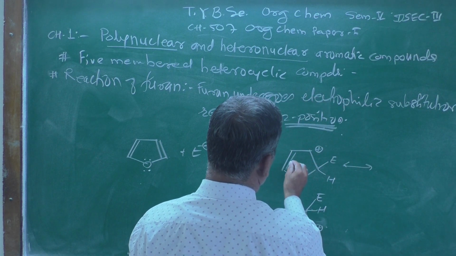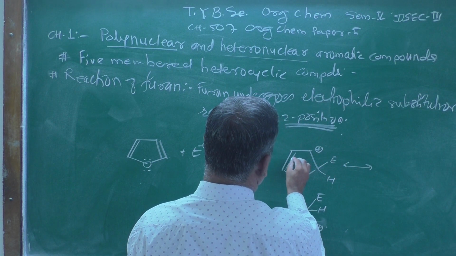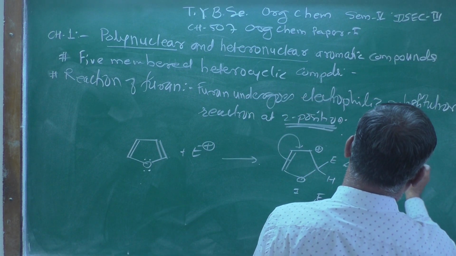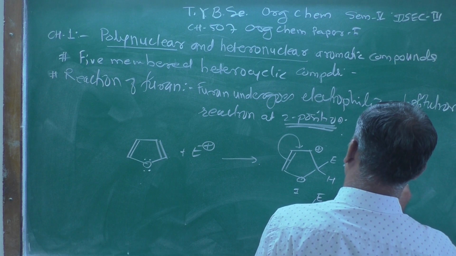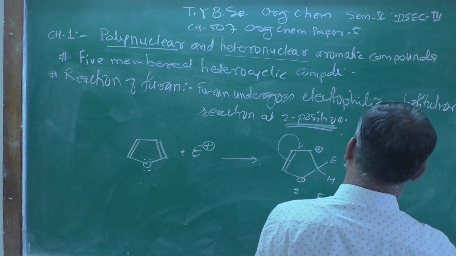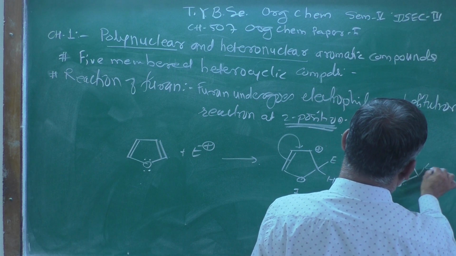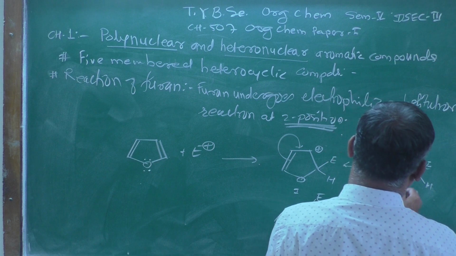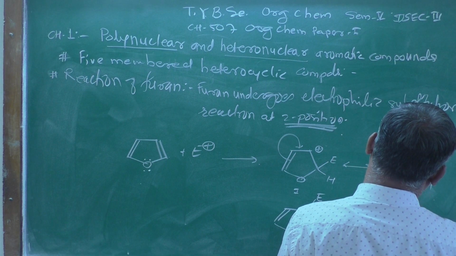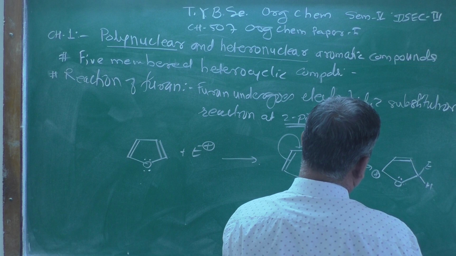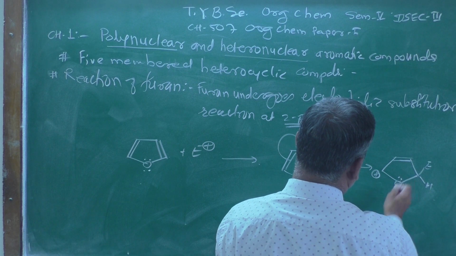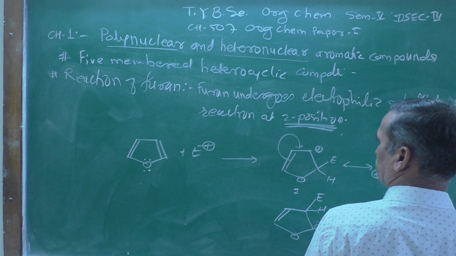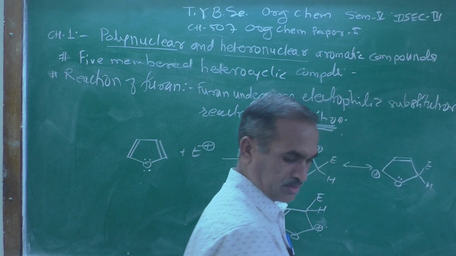Now this double bond shifts from here to here. What do you get? You get the structure with O, then E, and the hydrogen atom written as it is, with the positive charge on it. Now see the lone pair which is present here.